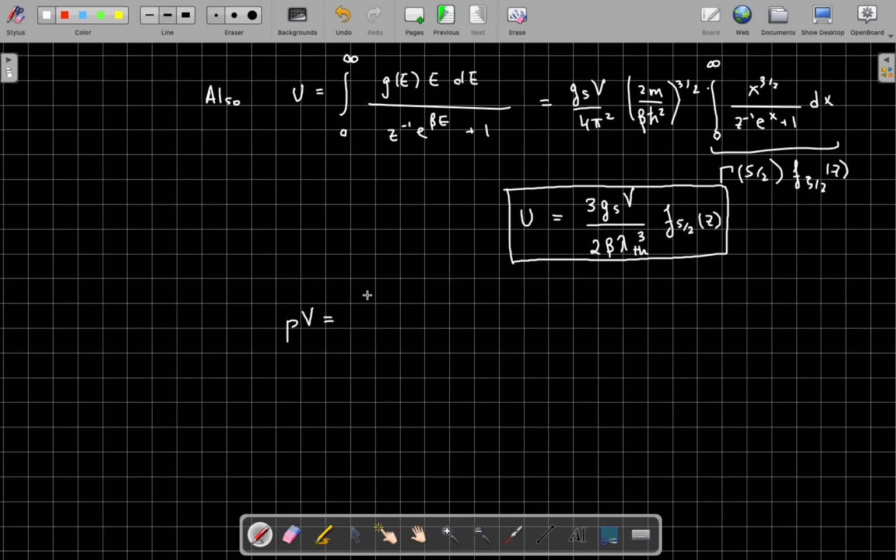This we said was equal to the integral of GE log of 1 plus Z e to the minus beta E dE from 0 to infinity. And again, I can write this in a different way actually. So this time I'm going to get clever. I'm going to define the integral of GE, right? So this is equal to GE dE.